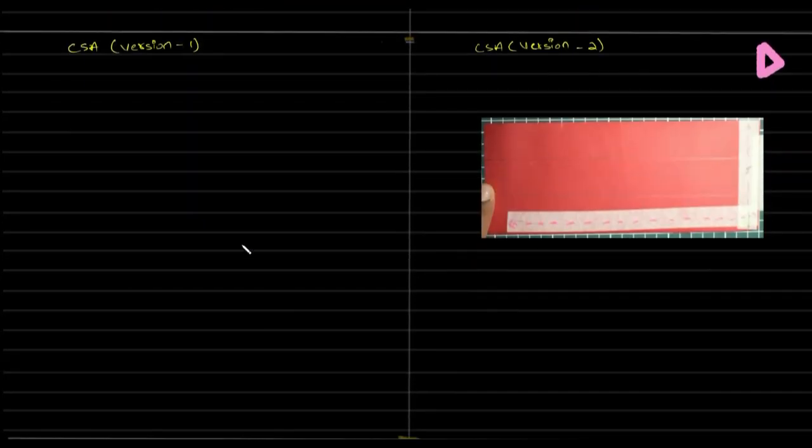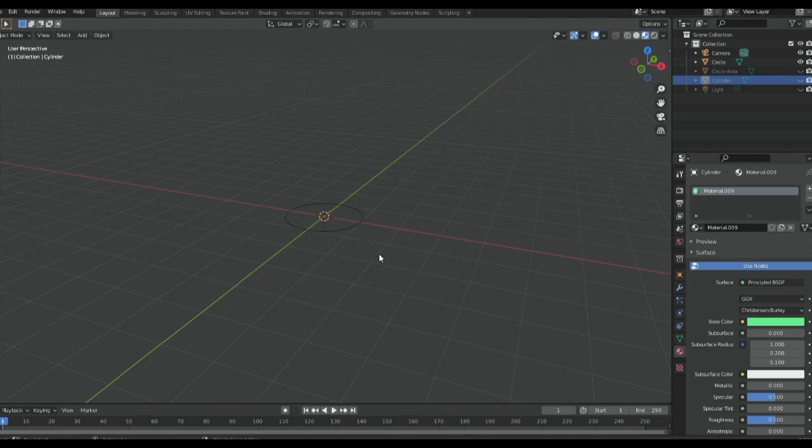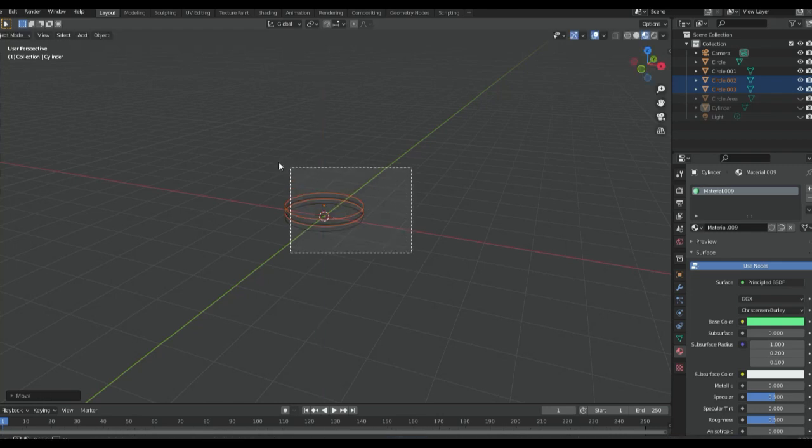Now, curved surface area, version 1. There are 2 versions. So for version 1, to explain that, I'll be making use of this circle. Okay, so what is it that we are doing? We are going to copy this and paste it. We're going to do it a few times, not a lot of times, just a few times. So you can guess how it will look at the end of it.